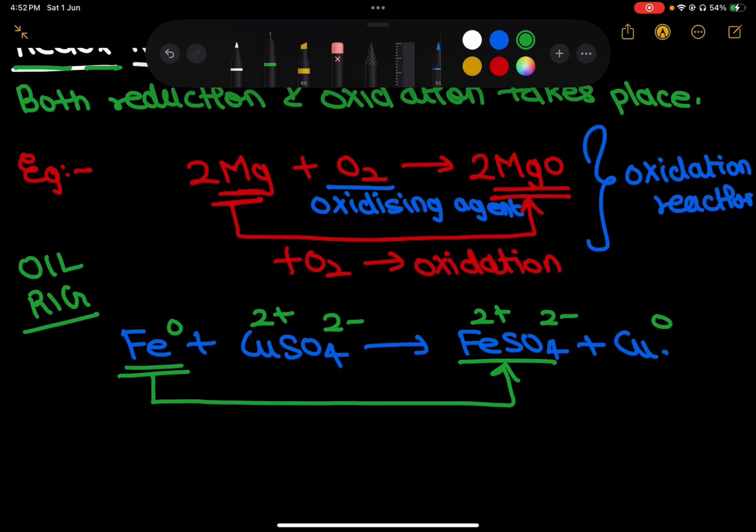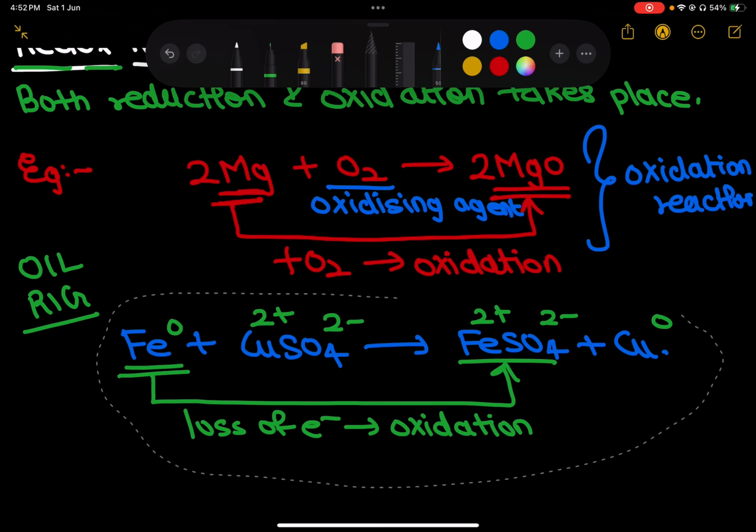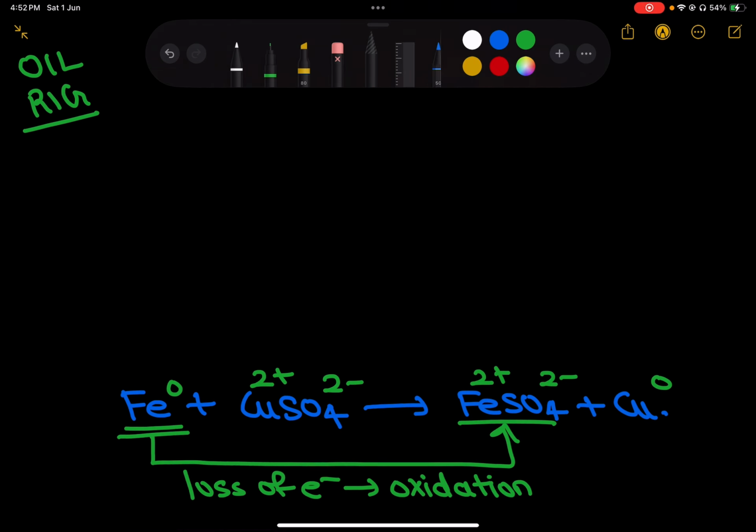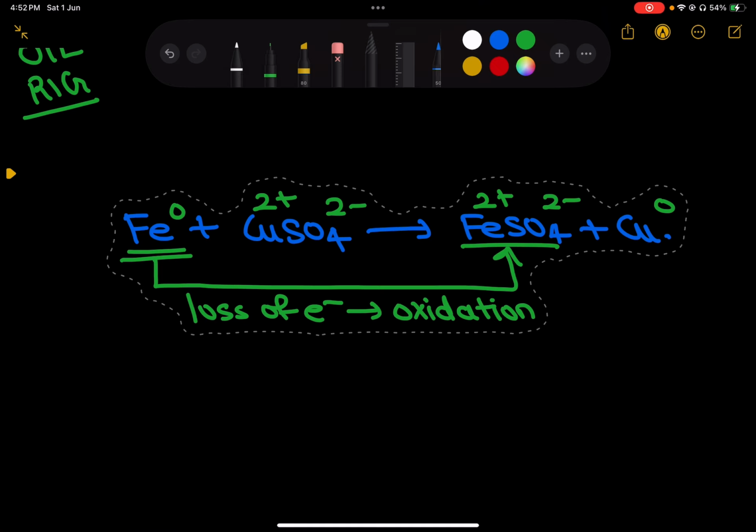That's quite obvious. So here oxidation has taken place due to loss of electrons. Loss of electrons, oxidation. We need to draw an arrow on top as well.